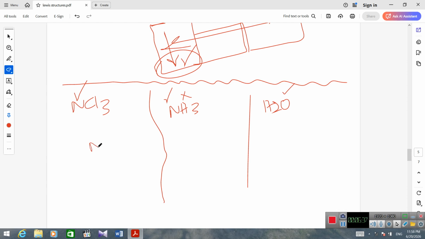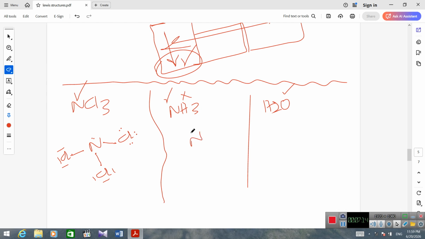Nitrogen trichloride: nitrogen is again from group 15, and chlorine is from group 17. It's a halogen, and as you can see, it's so easy to connect atoms and reach the octet rule: 2, 4, 6, 8, and for nitrogen 2, 4, 6, and 8.